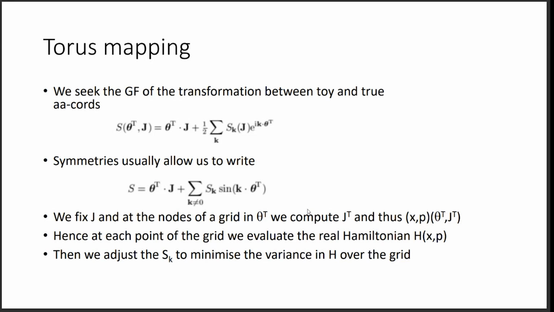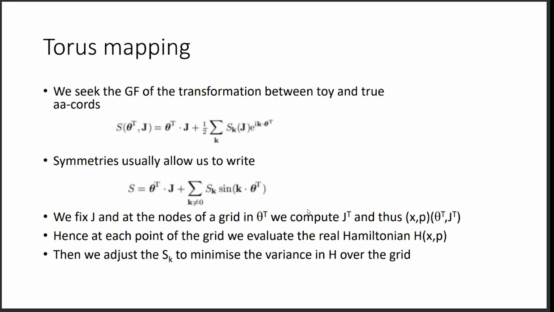And when they arrive, I want to make sure that they're on surfaces of constant whatever Hamiltonian I was given, the galaxy's real Hamiltonian, whatever. And how do we do this? Well, the simple basic version is we write down a generating function to take us from what I'm going to call the toy angle action variables, theta toy and J toy.